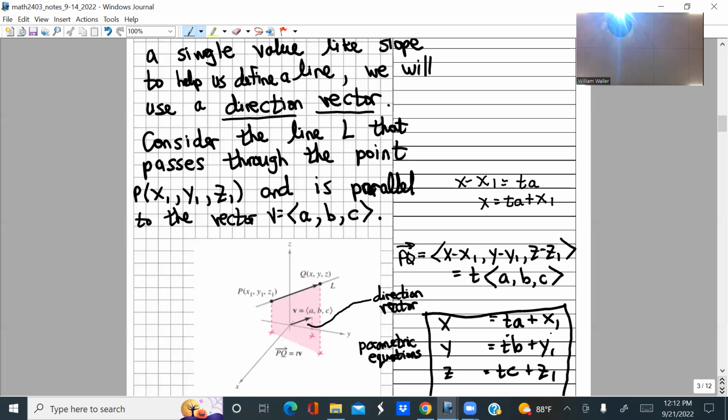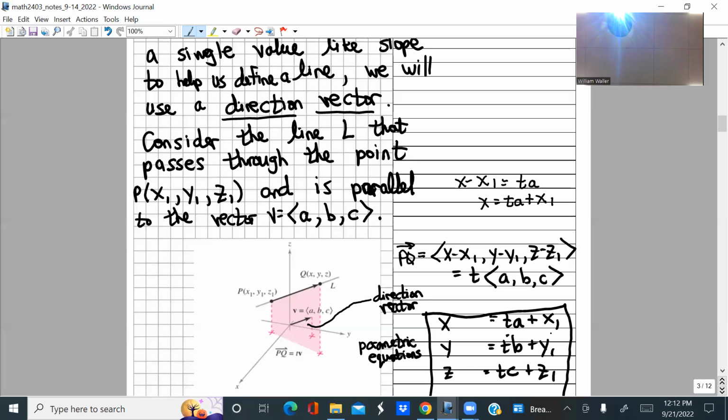Okay. These are called the parametric equations. There are three of them, so it's equations, right? Plural. These are called the parametric equations for the line. And so you see already that lines in 3-dimensional space are not as easy as lines in 2-dimensional space. In 2-dimensional space, you only need one equation to define a line, but in 3-dimensional space, you need three equations to define the line.